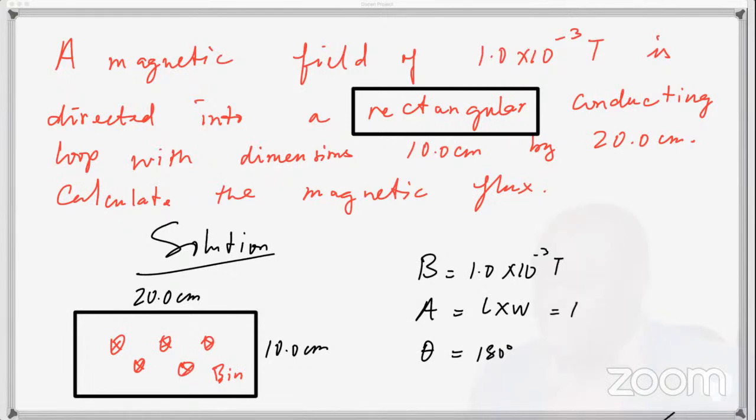So the length is 20. I always have the habit of converting to the SI unit. The prefix centi means 10 to the minus 2. So 20 centimeters becomes 20 times 10 to the minus 2 meters, multiplied by 10 centimeters, which is also 10 times 10 to the minus 2.